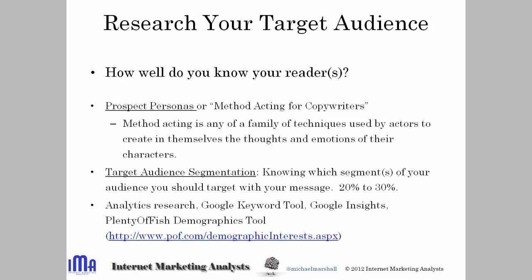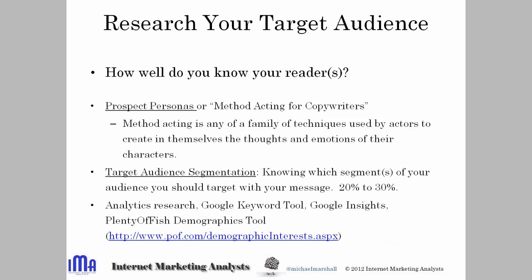It's a kind of a dating site, but they have a demographics tool where you can type in any key phrase, and based on that key phrase, it'll tell you a breakdown of education level, hobbies, interests, household income by average, whether it's more men or women that are interested in that particular topic that's reflected by that key phrase. And then obviously Google's keyword tools, Google Insights will also give you some geographical data, some demographic information.